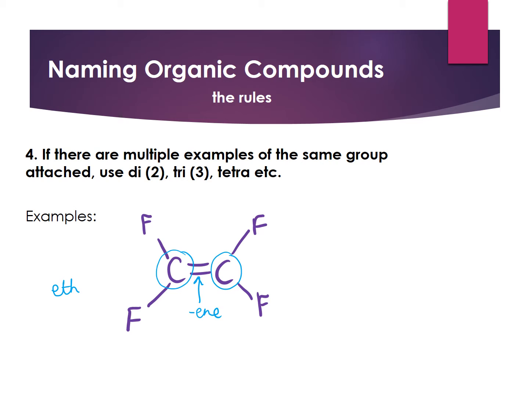And then we've got 1, 2, 3, 4 fluorine atoms attached. So this example will be called tetrafluoroethene. Now there's no numbering needed here because every fluorine is occupying a space and those fluorines cannot be anywhere else. So tetrafluoroethene is an unambiguous representation of that molecule.